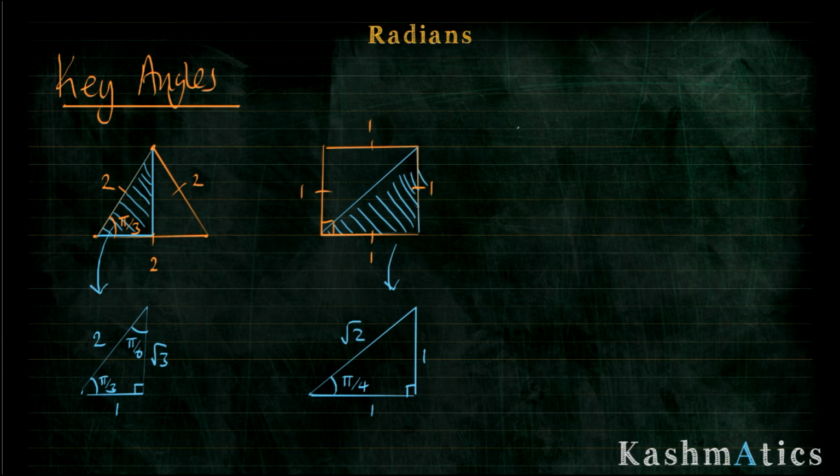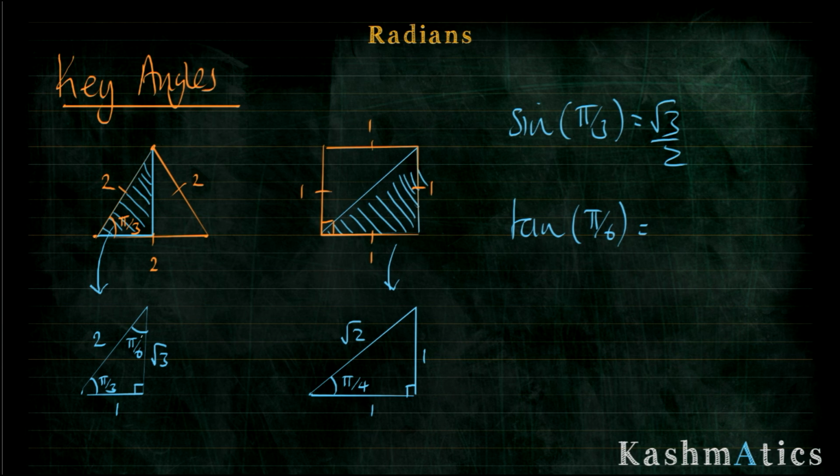So, for example, if I wanted to work out the sine of pi over 3, here's pi over 3. The sine of pi over 3 would be the opposite divided by the hypotenuse, so that would be root 3 over 2. If I wanted to work out the tan of pi over 6, so here's pi over 6, tan is opposite over adjacent, so 1 divided by root 3.